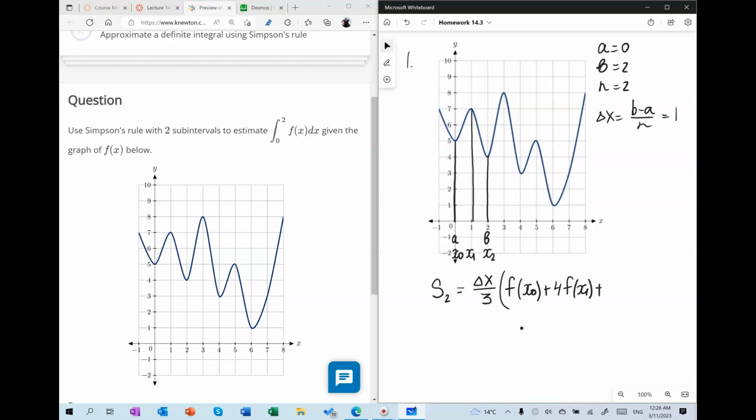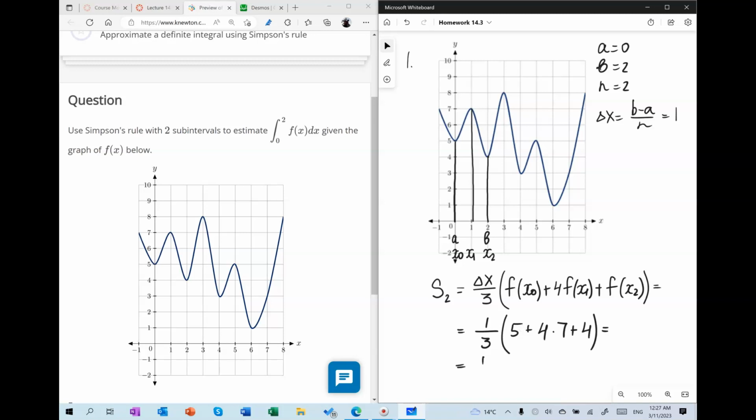And we don't even get to rotate between 4 and 2 because we already reached the end of the partition. Now we're going to use the graph to evaluate the function at each of those points. So f of x0 is 5, f of x1 is 7, and f of x2 is 4.